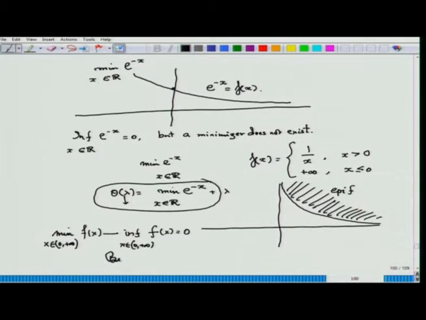But no minimizer exists. So, here is a constrained case. Of course, I could have taken it like this and had the whole thing on a closed set, but that does not matter.